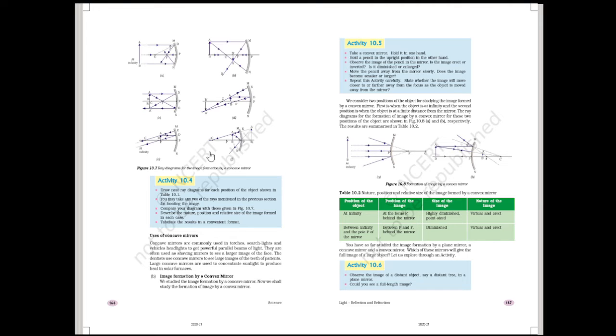So what to do is, it passes from the pole and goes down and divides into two equal angles at the principal axis, and the upper one passes from the center of curvature, and it makes an image that is virtual and erect and behind the mirror.